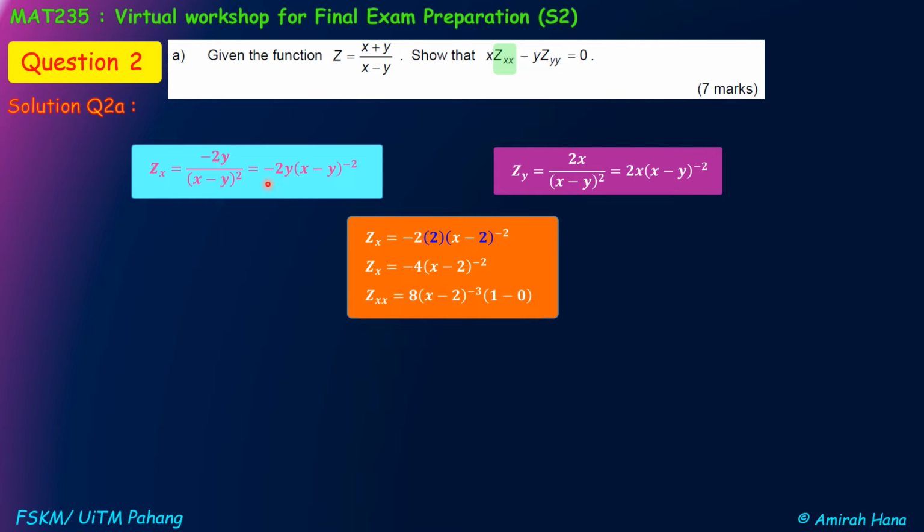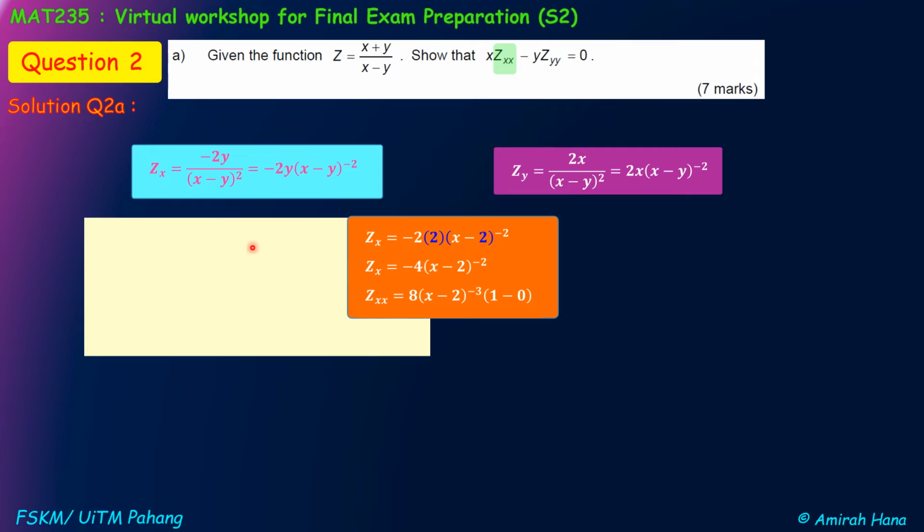Using this technique, after we differentiate zx with respect to x, the symbol becomes zxx. We multiply negative 2 and negative 4 here, so we get positive 8.